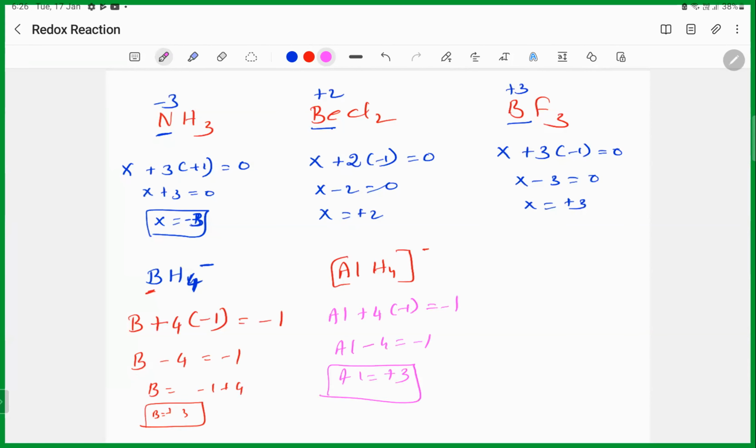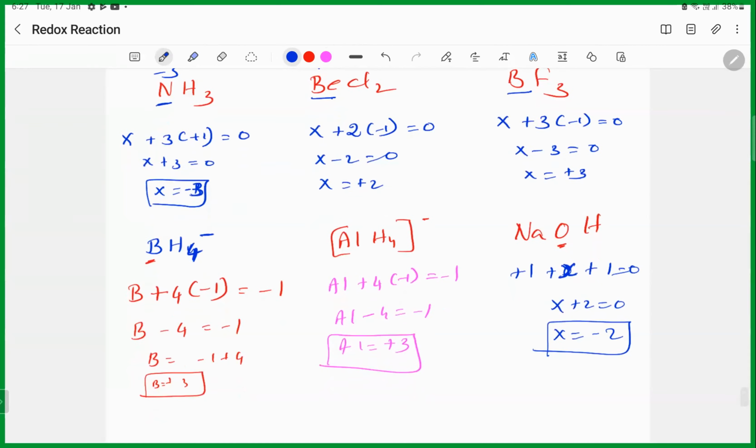In the same way, for NaOH you have to find the oxidation state of oxygen. Sodium is +1, hydrogen is +1, and oxygen is X. So X plus 2 equals 0, X equals -2.